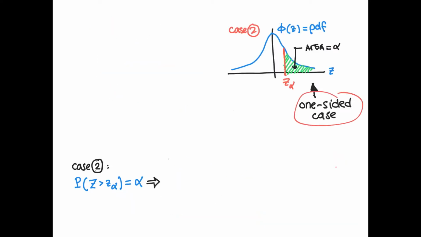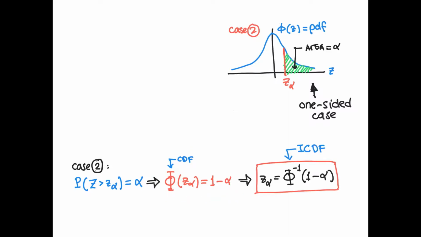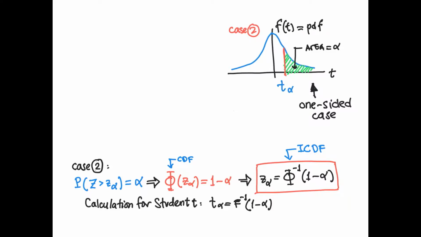For case 2, it is a one-sided case. We're looking for a probability whose area to the right is equal to alpha, and this probability right here. Talking about this using the CDF, we have this situation here, and the corresponding value will be the inverse cumulative distribution function of the standard normal of 1 minus alpha. And in a similar fashion, we will calculate t sub alpha if we are dealing with the t distribution.